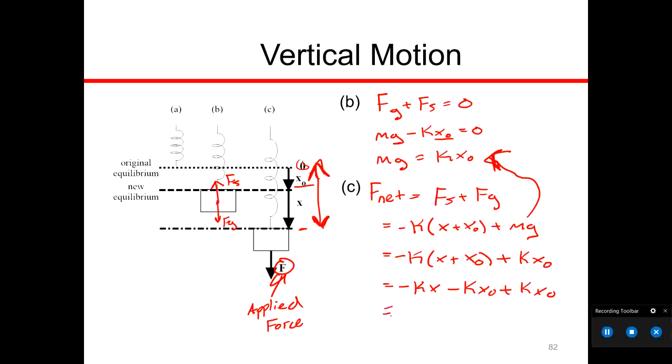There is no more gravity in our equation, and we just get left with the net force is equal to the spring constant times that new distance x that you stretched it from the new equilibrium point. So we can ignore gravity in this case when we're looking at an oscillating spring or an oscillating mass on a spring.